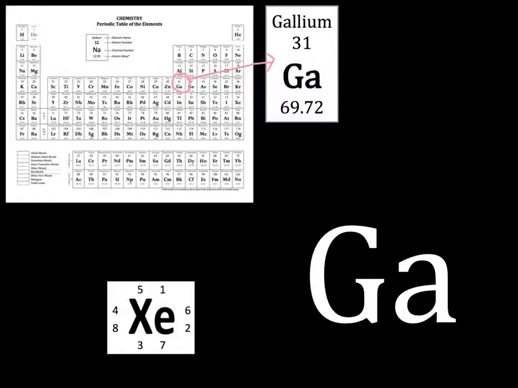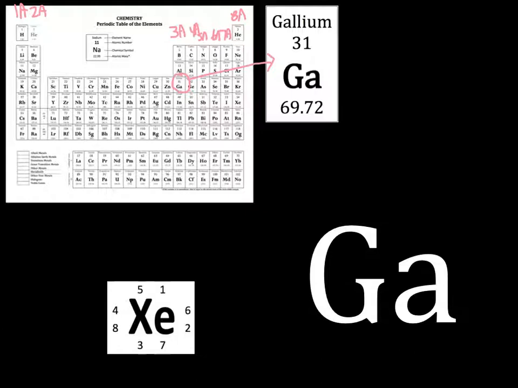So if you have numbered your periodic table from the past, remember that this was 1A, 2A, 3A, 4A, and then 5A. I'm running out of room. 6A, 7A, and then 8A. Sorry about that, guys. I'm just running out of room there.